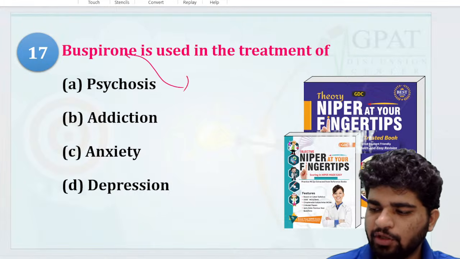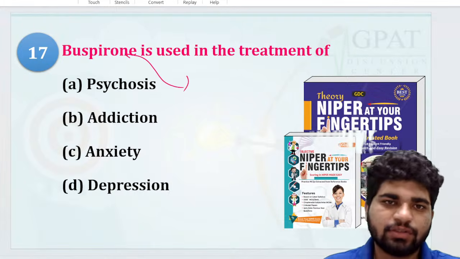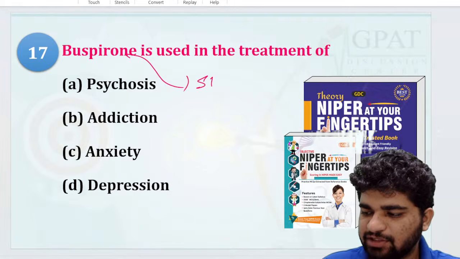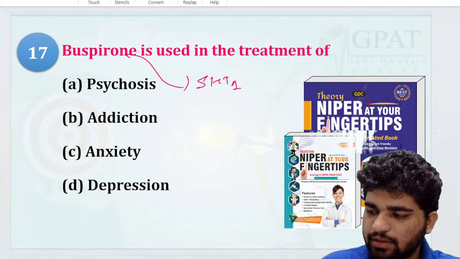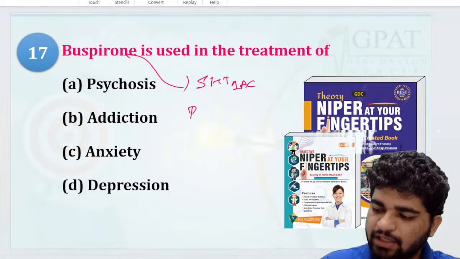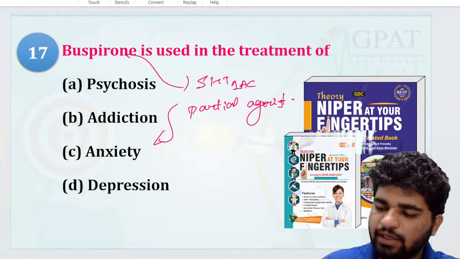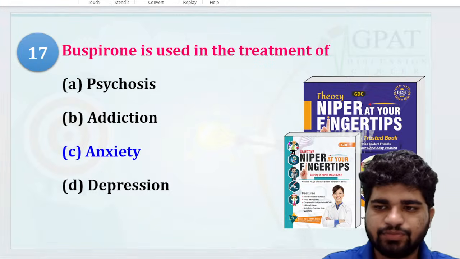Obviously, that's your buspirone. It's nothing but your azapirones, right? These are nothing but 5-HT1A partial agonist, right? Partial agonist. That is why it has been used in your anxiety, right? Sure.